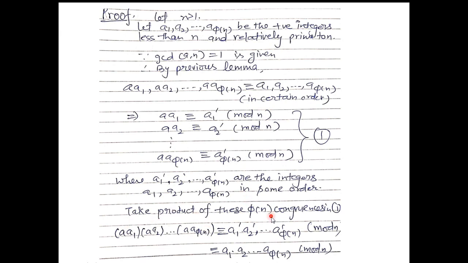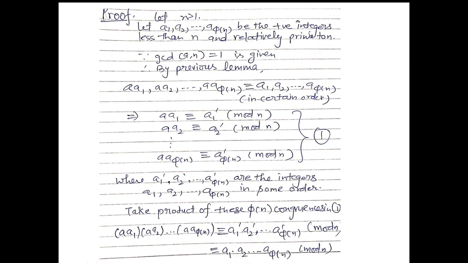Now take the product of these phi n congruences. Because the left hand side is congruent to the right hand side in a certain order, if we take the product of these congruences, the products will be congruent. So a a1 times a a2 up to a a phi n is congruent to a1 dash, a2 dash, up to a phi n dash. Now, what are these ai dash? They are a1, a2, up to a phi n in a certain order.